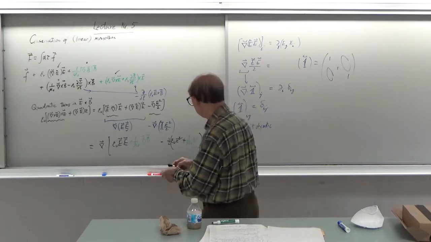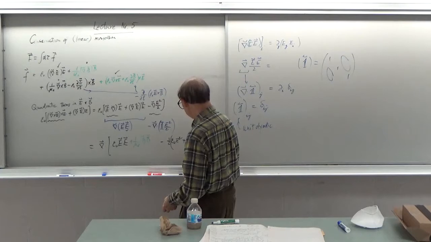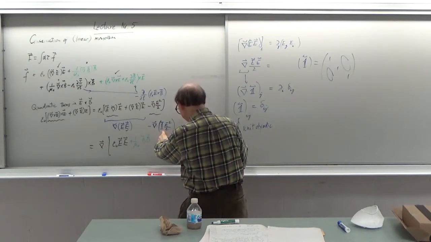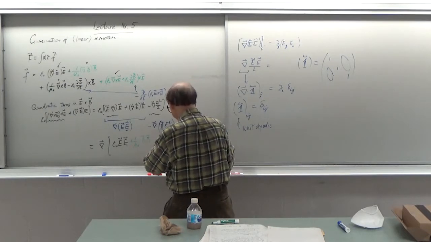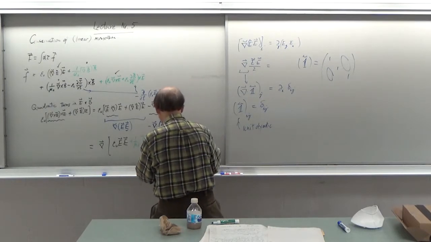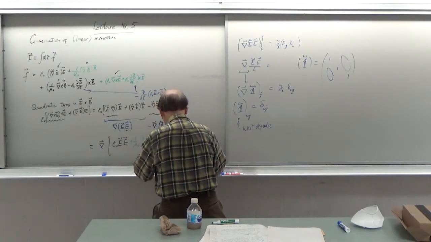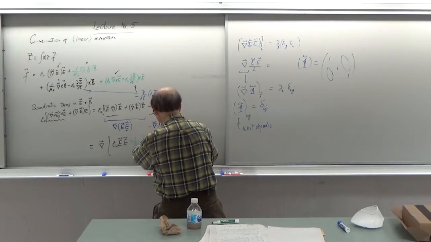So what is inside the square bracket are these terms. Oh, forget about one thing, the unit dyadic. Sorry. 1/2. And then there is that unit dyadic.